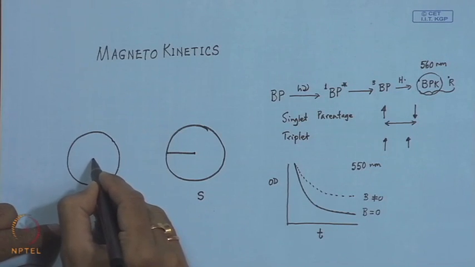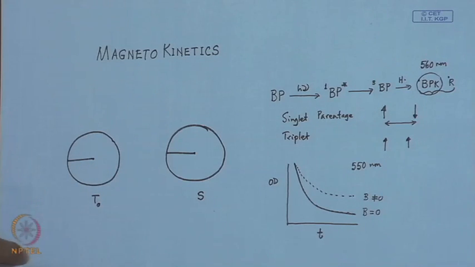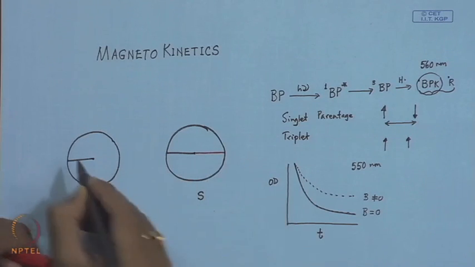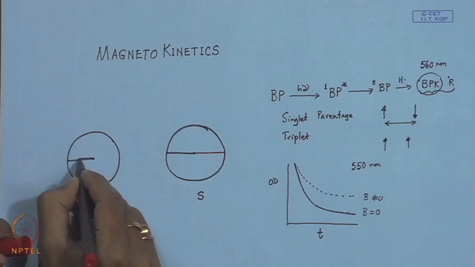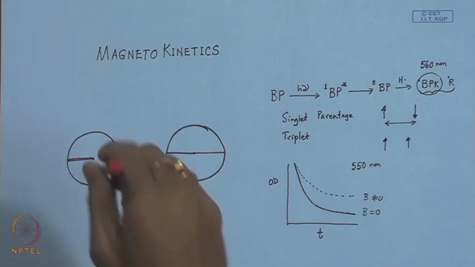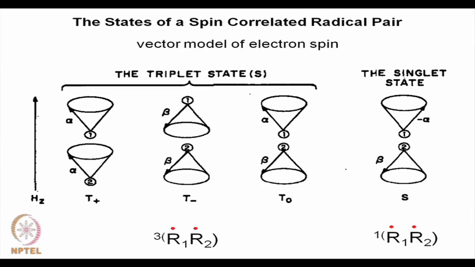Then it is the other vector, here it is in the same direction. If you view from the top, you have to view from the top. So this is truly spin opposed, therefore it is singlet. Now, the question is how this singlet to triplet transition is happening.